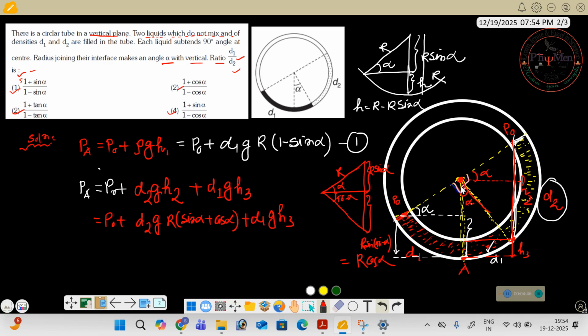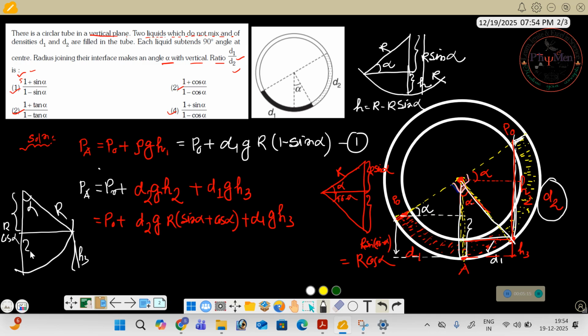Now for H3, from this triangle, we can find out. The configuration is something like this. So this is your R, this is your alpha, so this much is your R cos alpha. This is the required height h3, so we can have h3 as R minus R cos alpha.